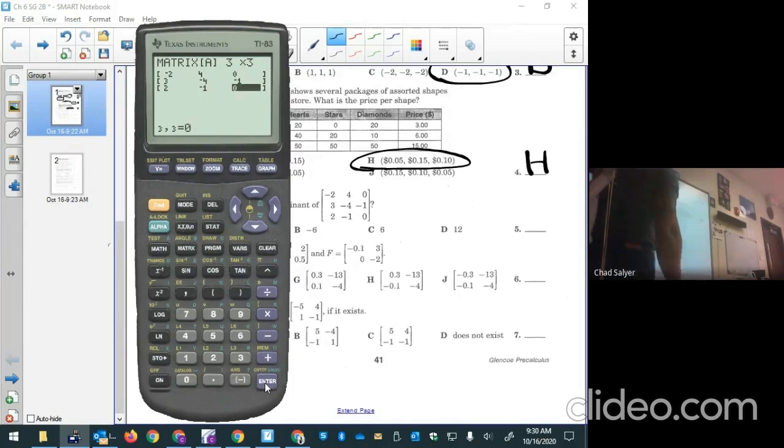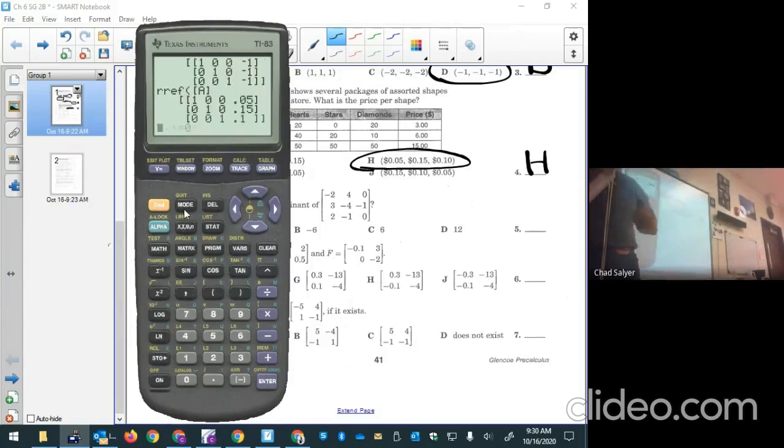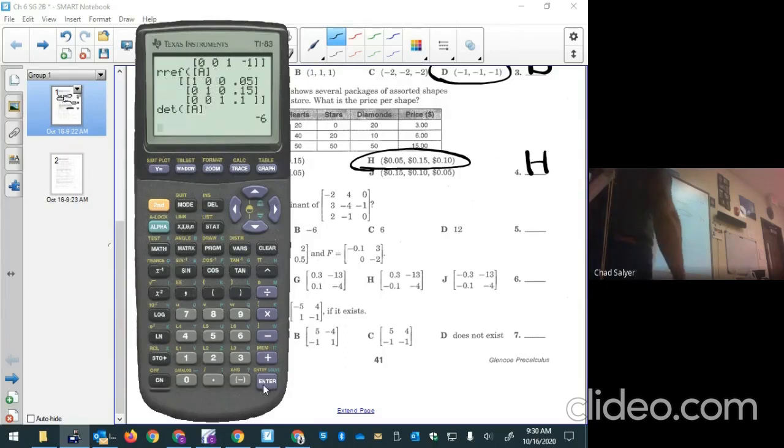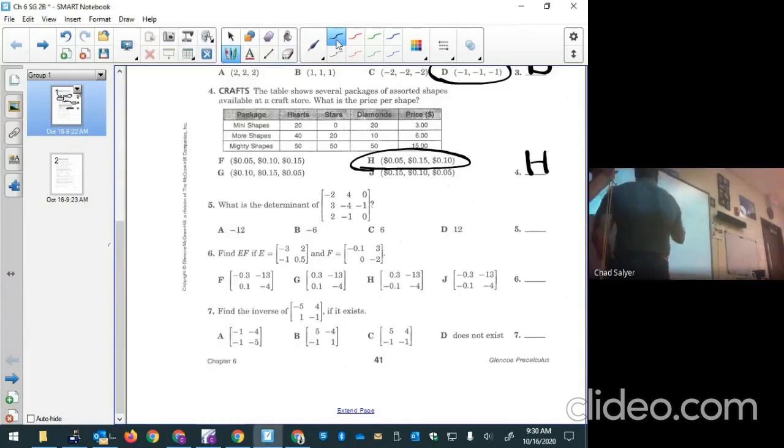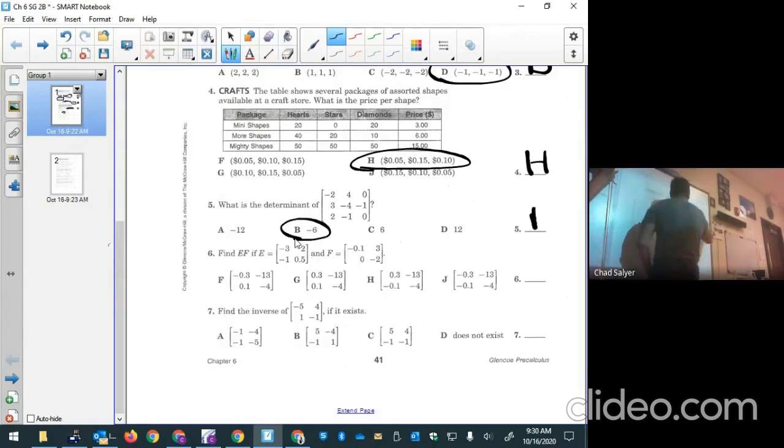Double check your inputs. And then matrix math, the very first option is DET. And then we want to call the first matrix A. We get -6. So the answer B is in Bravo for this one.